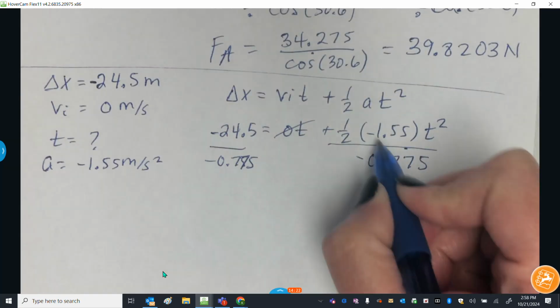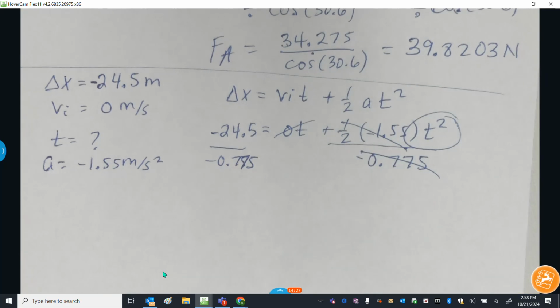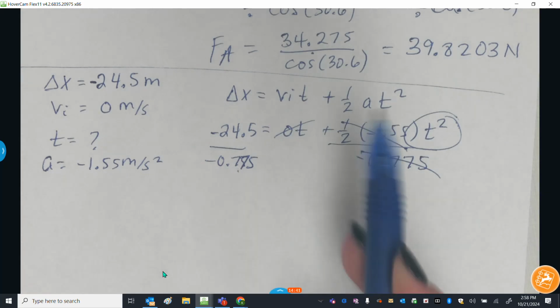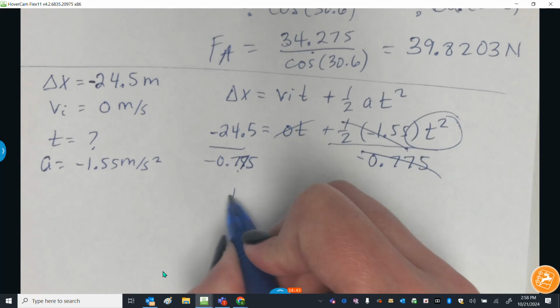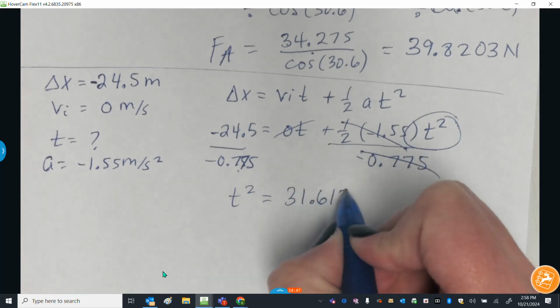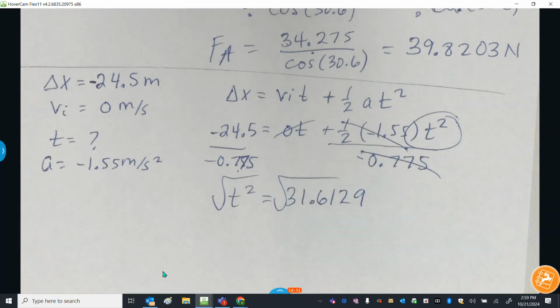then this will all cancel, leaving me t squared on this side, and on the other side I'll have negative 24.5 divided by that negative 0.775, and when we do that, we're going to get t squared equals 31.6129, and again we want just t, so we want to square root both sides.